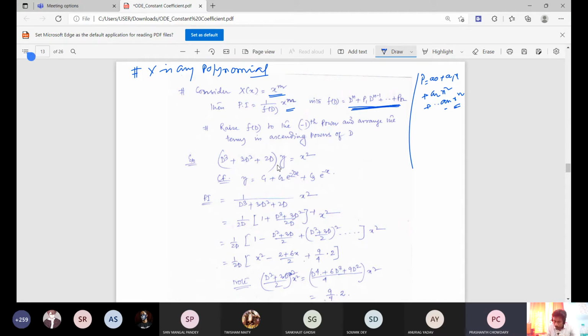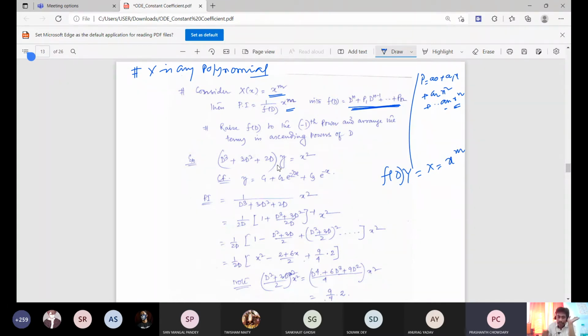I mean you have the equation of this form, that is you have capital X, which is x to the power n, where fd is d to the power n plus p1 d to the power n minus 1 plus so on pn. So here actually there is no simple formula. The only thing is you have to use binomial expansion.